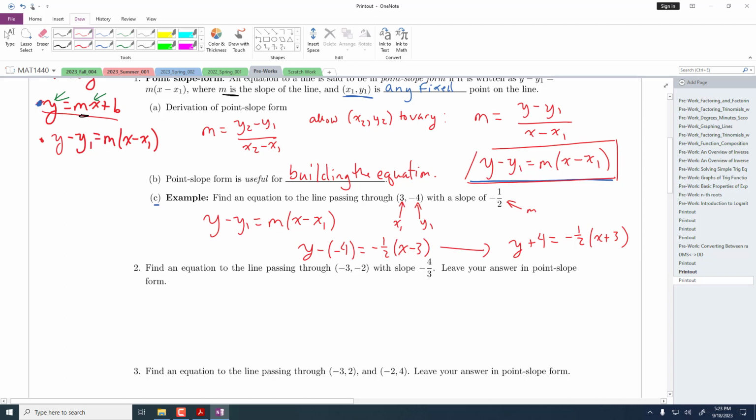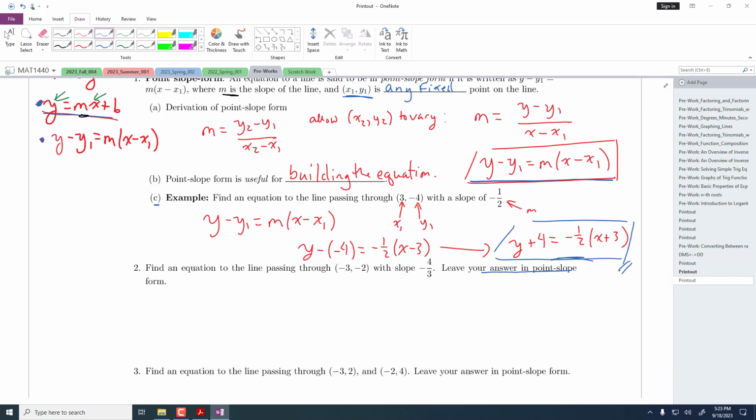Now folks, just to convince you of the importance of this form of the line, in these problems here, for the majority of them, I'm asking you to leave your answer in this point-slope form. I know that in previous classes, you've been asked to always put your answer into slope-intercept form. However, I'm trying to make sure that you learn this particular point-slope form of the line, and I know that if I say leave your answer in point-slope form, you may not use the method that I'm teaching you.